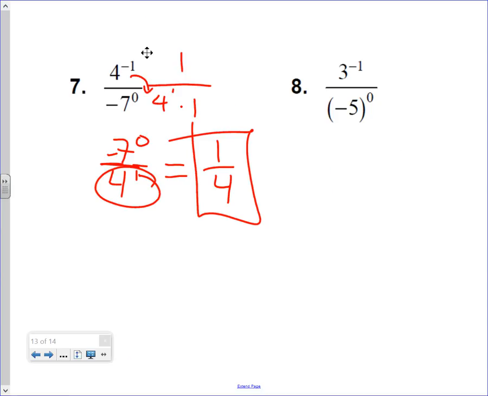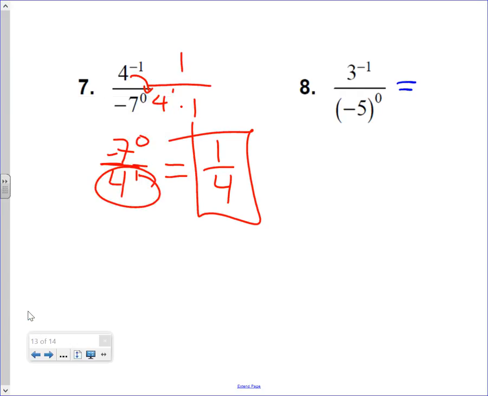So I'm going to write the fraction bar. Watch this. So this has a negative exponent, so it's going to move across the fraction bar, reciprocate. So it's going to be 3 to the first power on the bottom. What does the 0 exponent rule say?